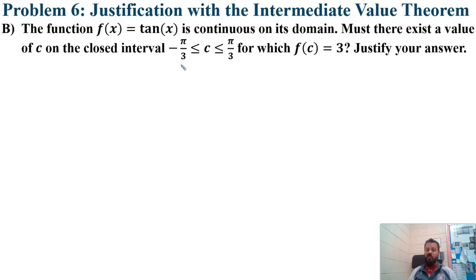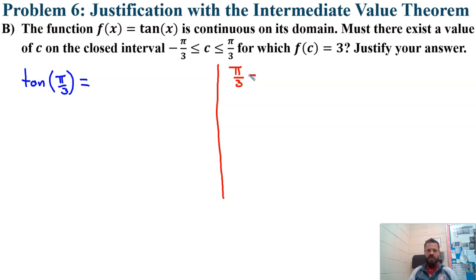So tan of negative pi over 3 and tangent of pi over 3. Let's start with a positive case first, just to do the simpler one. For tangent of pi over 3, let's do some trig scratch work here again.